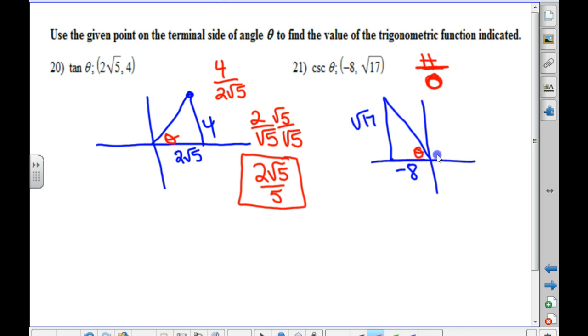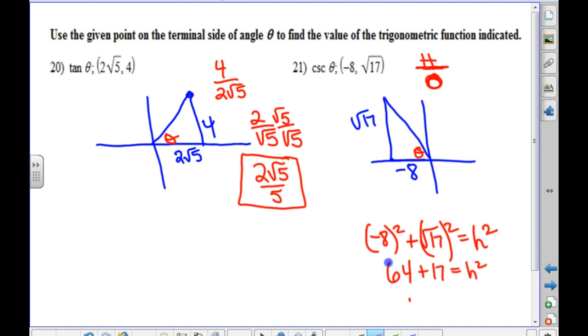So we need the hypotenuse. So we need to do negative 8 squared plus the square root of 17 squared, which is 64 plus 17, which is 81. So when we square root, we get 9 for our hypotenuse.